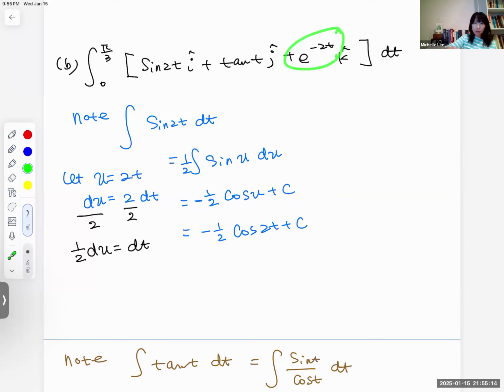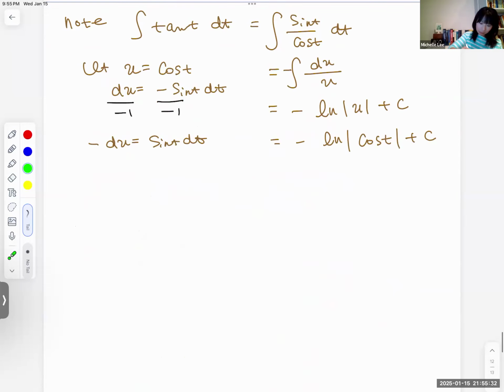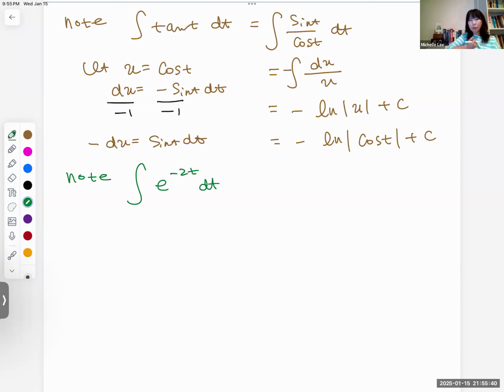Okay. Do we know this one? Or do you want me to do that? Since we haven't done the integration in a long time, let's do that too. So e to the negative 2t. Once again, if you cannot think quickly, we use u-substitution.